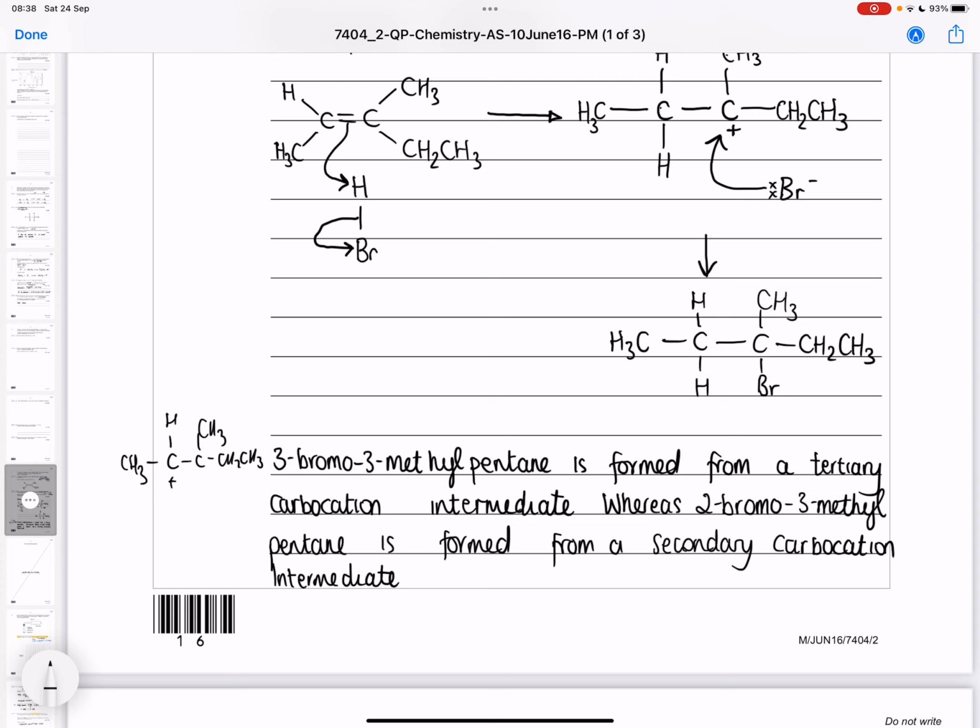That would have been the secondary carbocation intermediate. We don't need that in our answer, I'm just going to delete that.